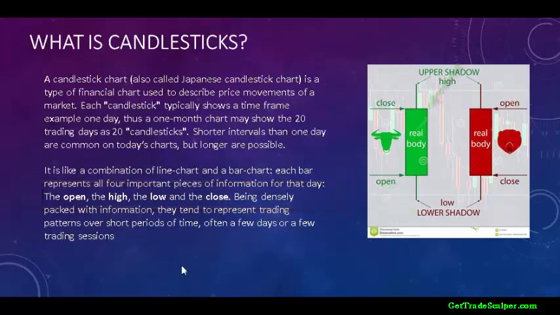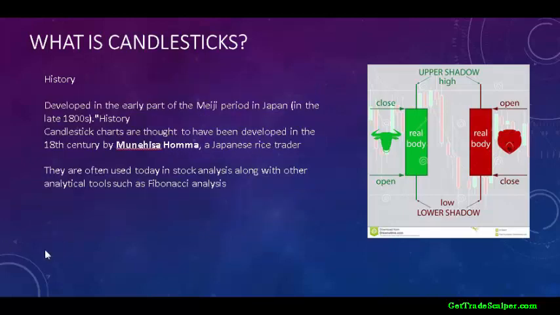And all being densely packed with information, they tend to represent different trading patterns. It could be intraday, it could be daily for swing traders, monthly, quarterly, and so on. It's just taking that data and putting it into a visual representation.